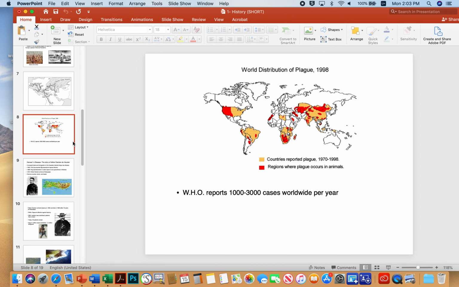And so even today, and this isn't exactly current data, but it's still pretty accurate, the World Health Organization reports 1,000 to 3,000 cases of the plague worldwide. And here you can see regions where plague occurs in animals. So the whole western half of the United States has rodents that contain plague bacteria.